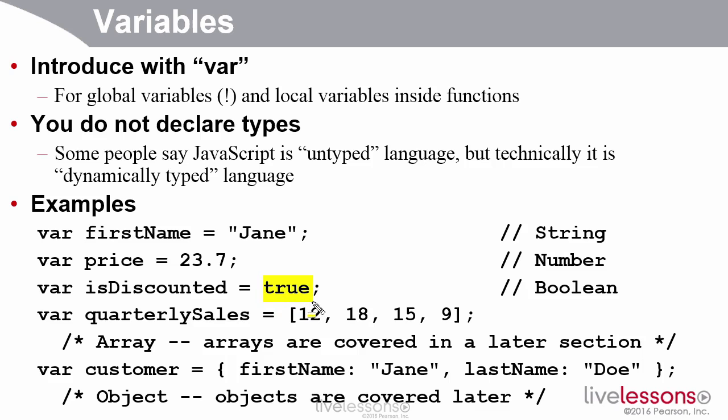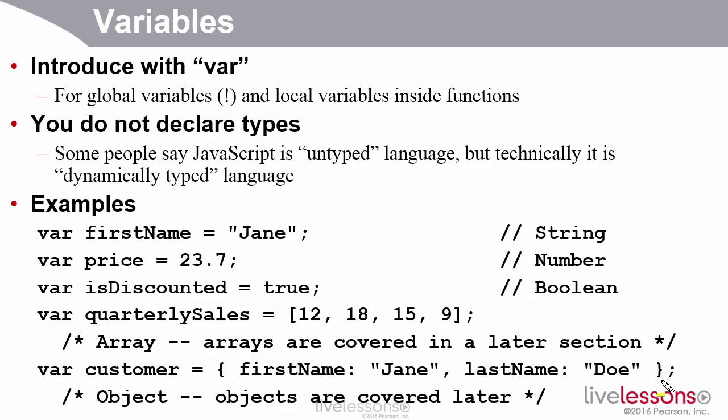So that's called Boolean. Most languages call that. It just means yes or no. So you can have strings, you can have numbers, you can have Booleans, and we'll see two other types. Arrays that have square brackets and objects that use curly braces. Those are types as well. We'll cover those later. And in fact, functions in some sense are a type. We'll cover that later in this section.